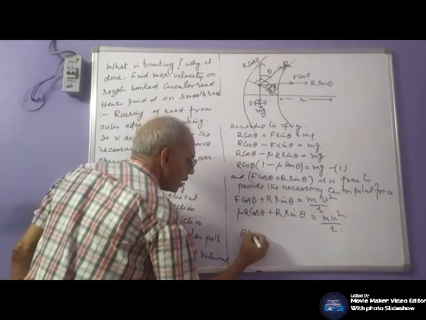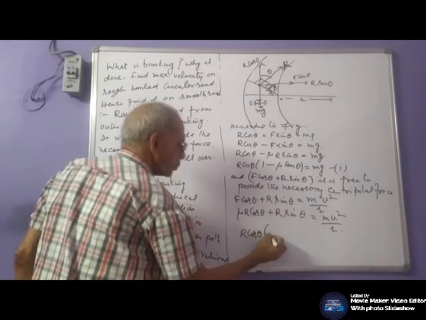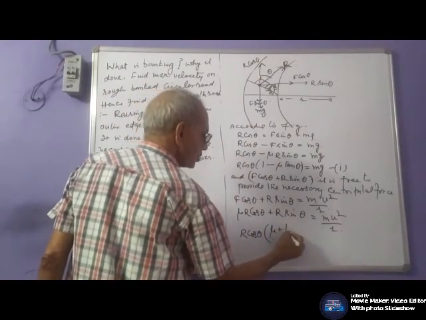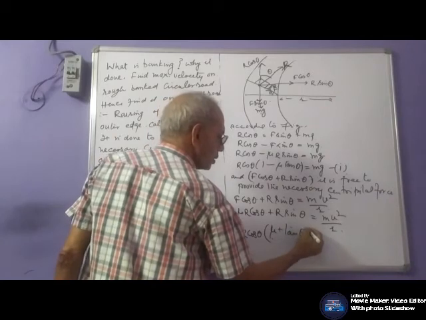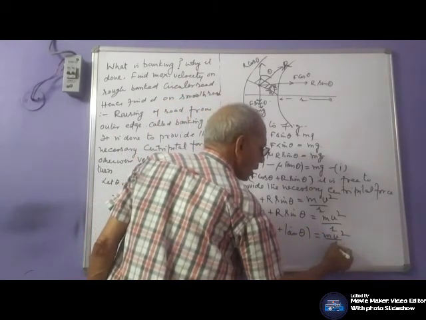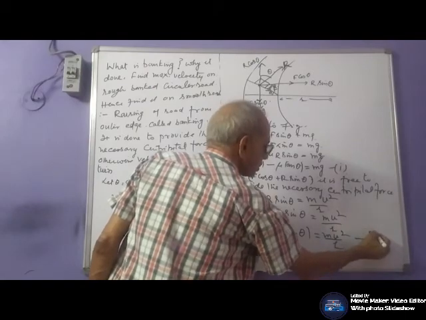R cos theta common: mu plus tan theta is what? mv square by r. This is number second.